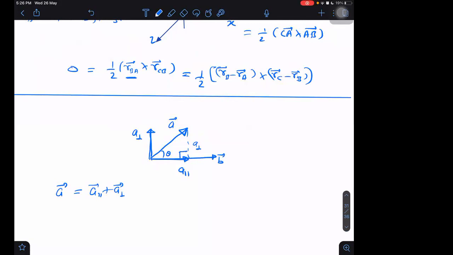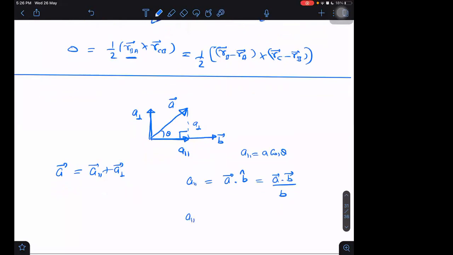I have discussed before in dot product only how to get A parallel, and I think many of you know already that it is nothing but A dot B cap, right? Because A parallel is A cos theta, and A cos theta is nothing but A dot B cap, or I can write A dot B total divided by B magnitude. It is same thing. Then I told one more thing, if you remember, that this is A parallel magnitude.